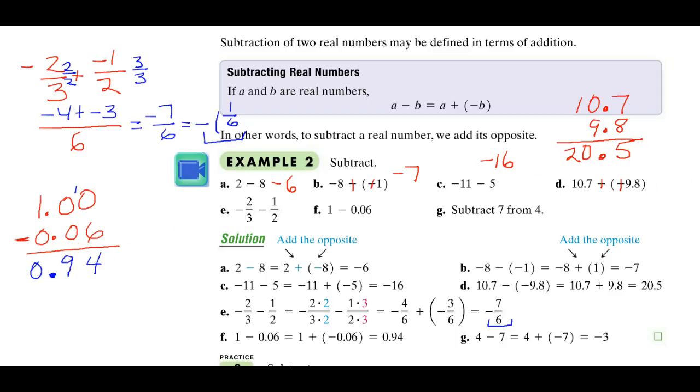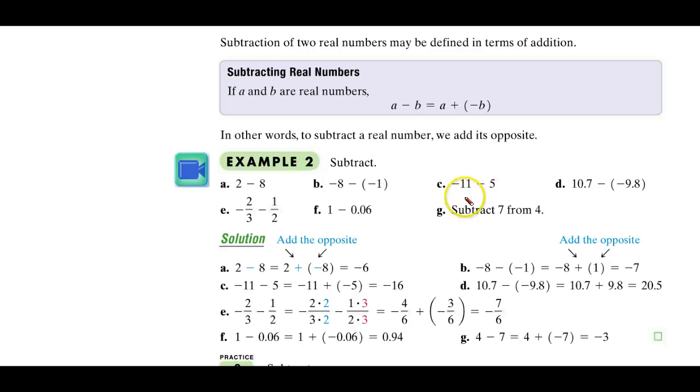Now, this next one is critical because of the language it's using. It's saying subtract 7. So we could write it, subtract 7 from 4. This is what they have in words, in a sense, that they want you to use that negative sign there.